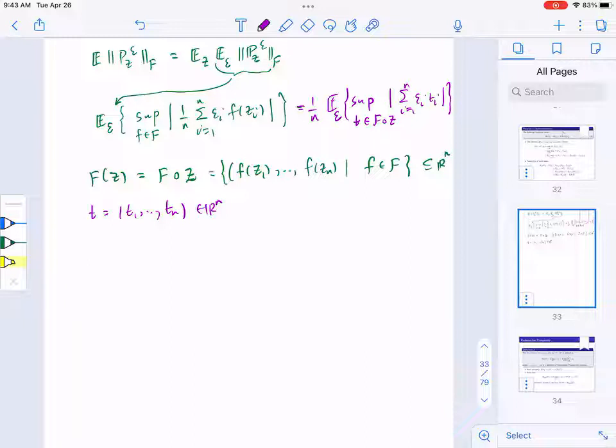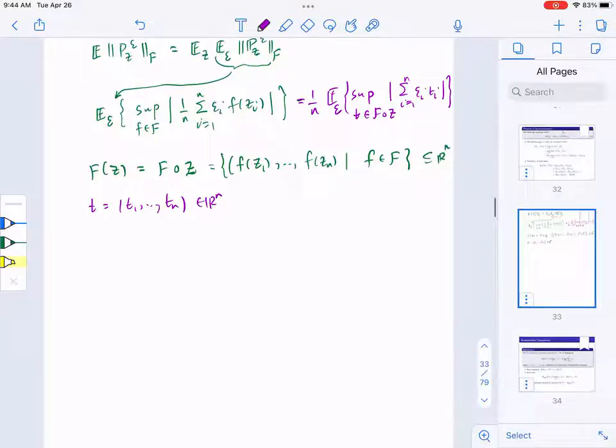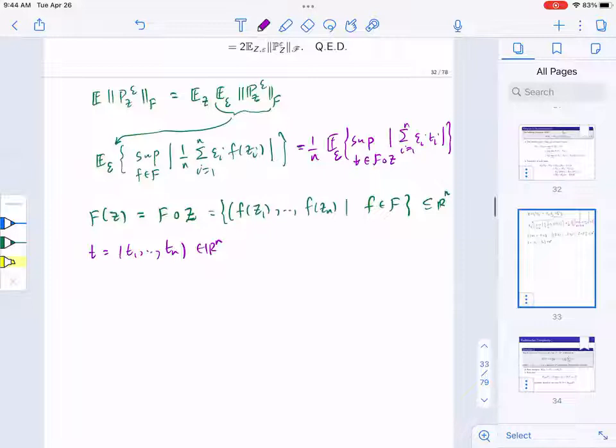As t traces all possible vectors like that, the supremum is exactly the same. So the complexity of F is moved into the index set, and this quantity we can denote as the Rademacher complexity of F∘z.